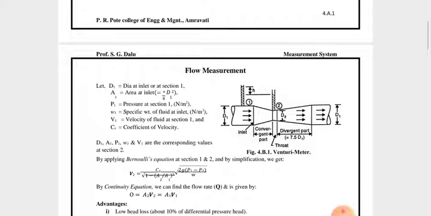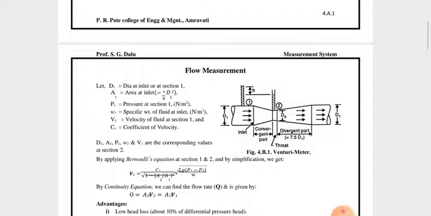Section 1 has a pipe of diameter d1, and section 2 also has a pipe of diameter d1, meaning the pipe diameter is the same on section 1 as well as section 2. But wherever the converging section is, its diameter is different, that is d2.